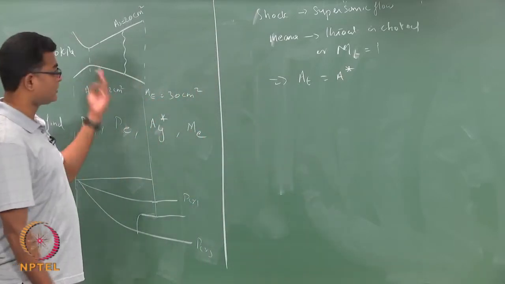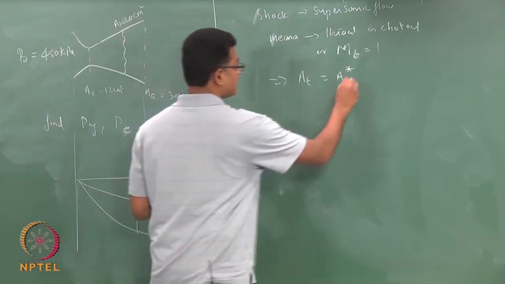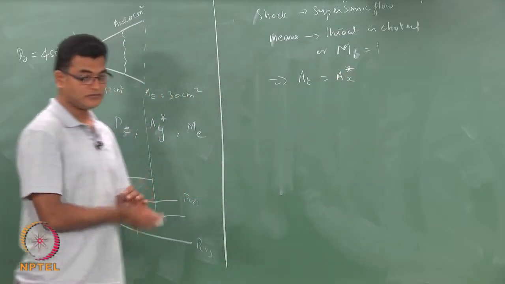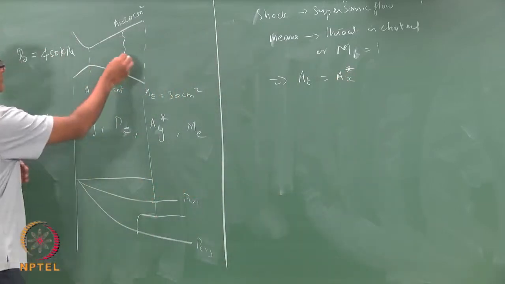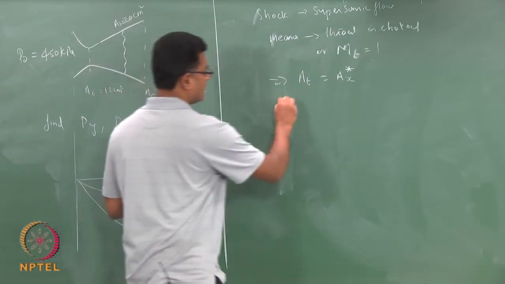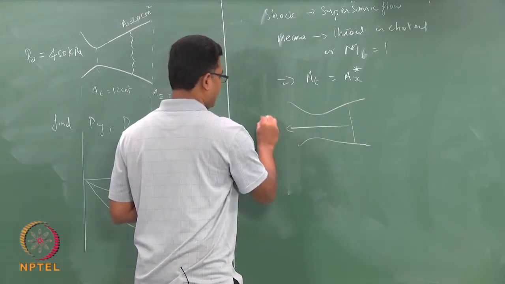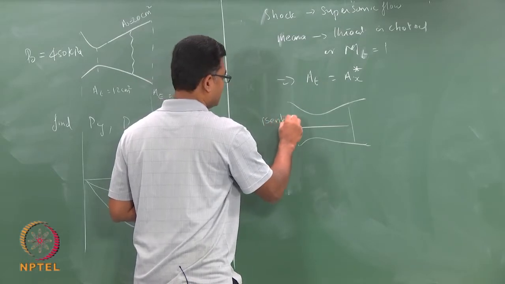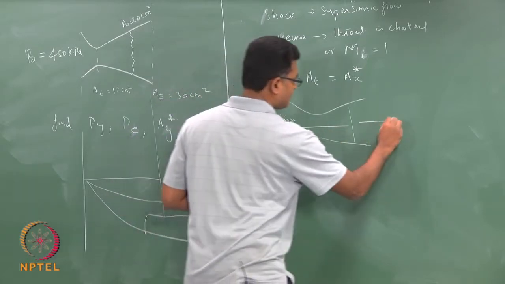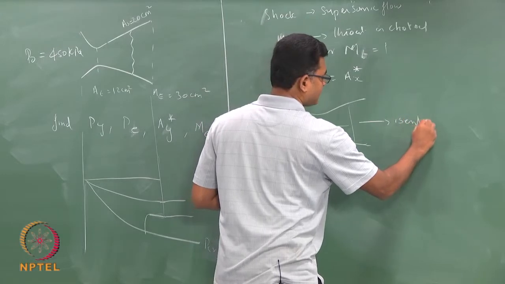Now, this is before the shock, so I will also use the suffix x. Just before the shock, I have an isentropic flow. After the shock, I have isentropic flow.